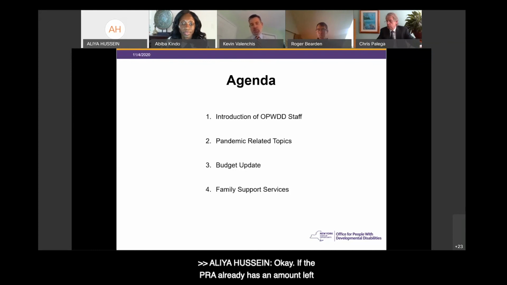Okay, so if the PRA already has an amount left out of the remaining service delivery, it's subtracted out already. There is always some amount left as a PRA versus the service amount. So are we talking about something that will be considered, or is it just a billing with the FI? At this point, it's only the reimbursement relationship between OPWDD and the FI. What happens beyond that to the families is a different story.